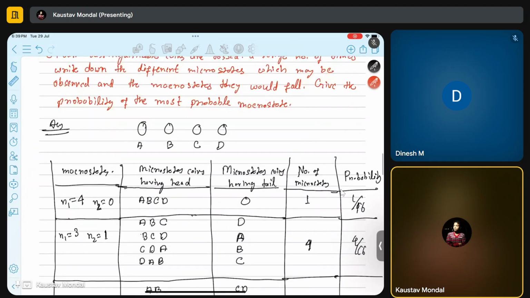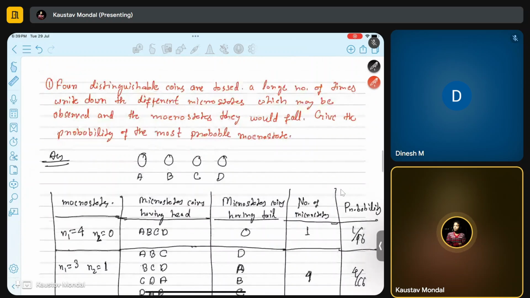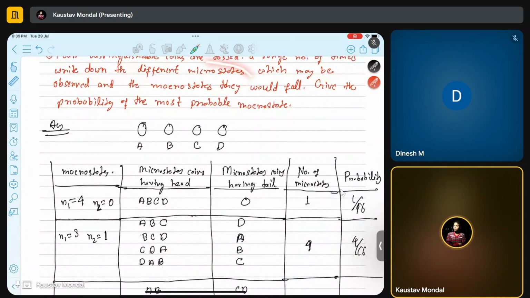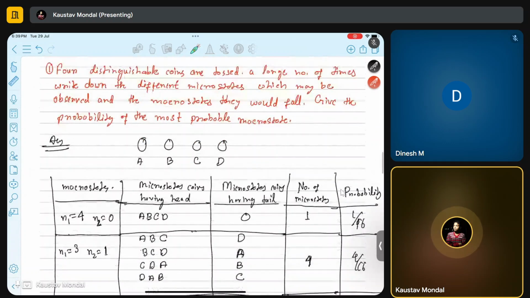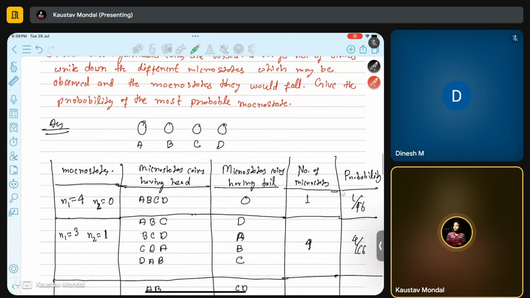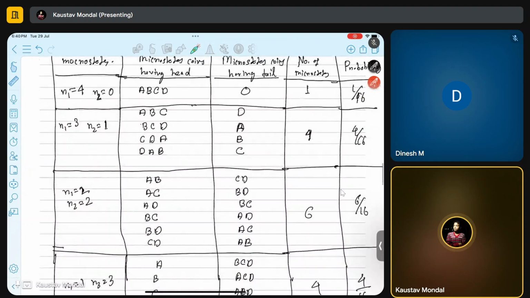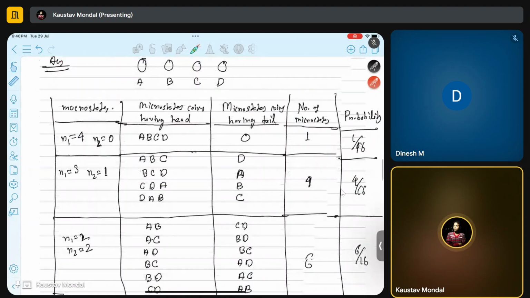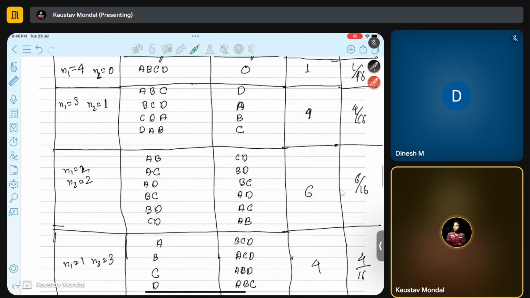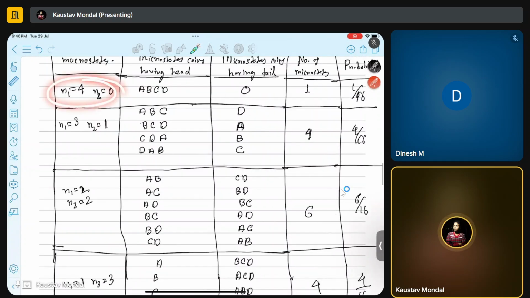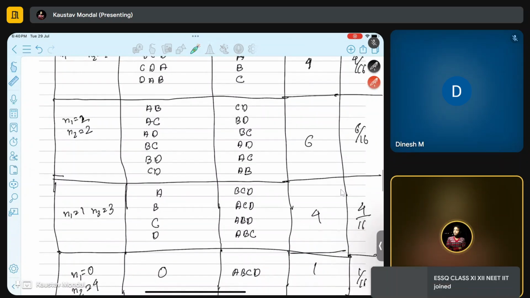So let me just recap what we have done. The question is that we have 4 distinguishable coins tossed a large number of times. You have to calculate the defined microstates under each defined macrostate, and from that calculate the most probable macrostate. For that we need some basic statistical intuition. First we write what the possible ways are that the coins can be arranged after each toss.